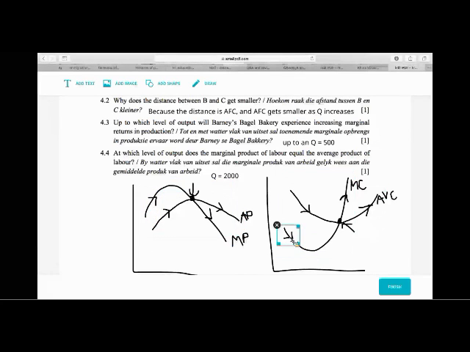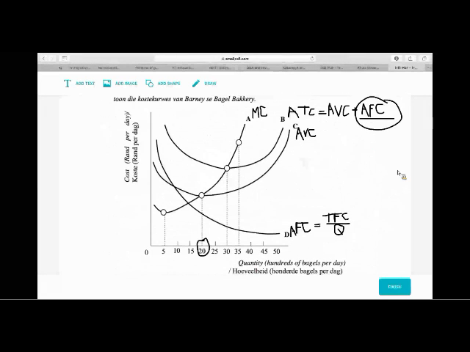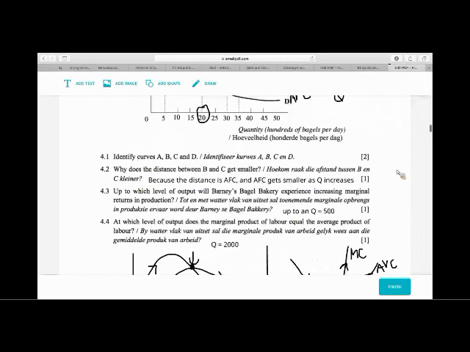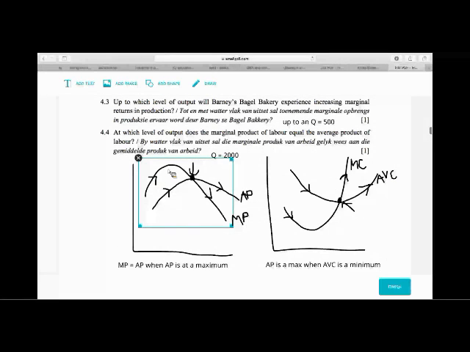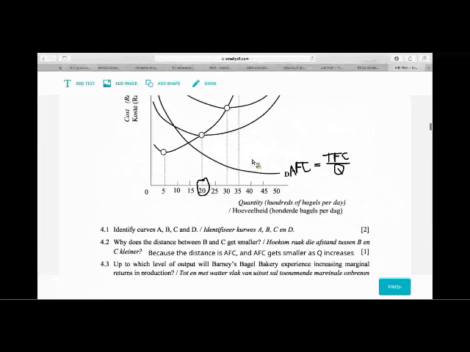In this picture there are no product curves, but the product curves are given to us by the cost curves, because product and cost are two sides of the same coin. So if marginal product increases when marginal cost decreases, that means that marginal product will increase up to the point where marginal cost is at a minimum. And that's going to be at 500 bagels.